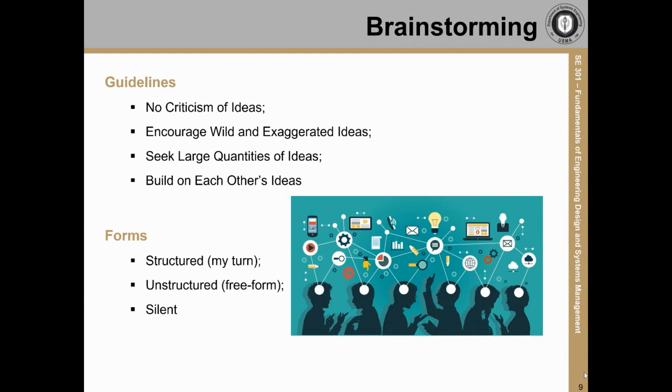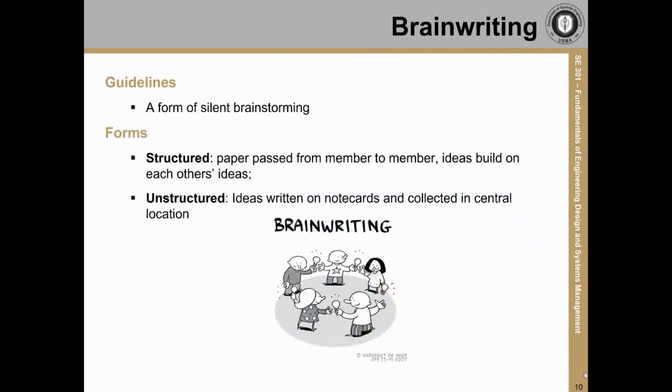One issue that comes up with brainstorming, though, and this is very common for systems engineers and engineers in general, is you might have a lot of introverts, which means that you might have a couple of people that aren't introverts dominate the entire brainstorming process. So an alternative is brainwriting. Brainwriting is a form of silent brainstorming.